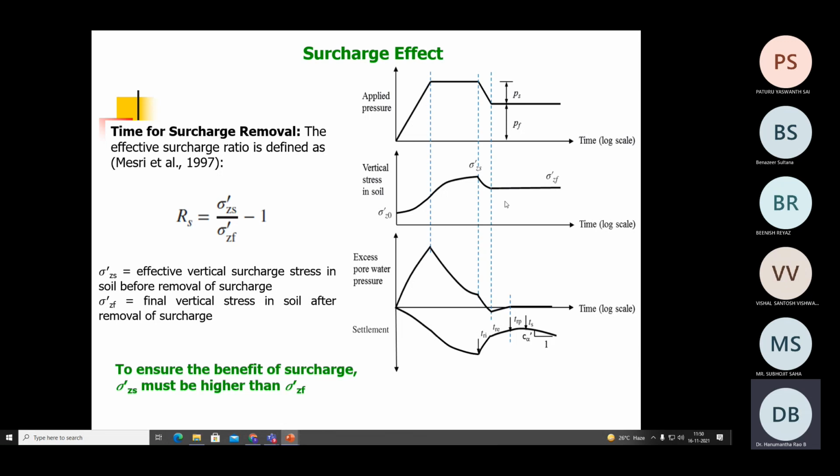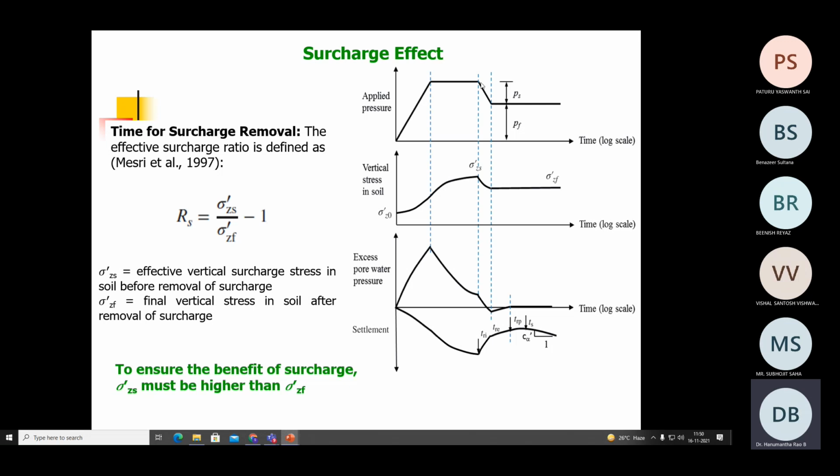There is another way of measuring the same thing, in the form of excess pore water pressure. At the maximum surcharge imposition, there was a maximum development of excess pore water pressure. The moment you stop imposing the surcharge load and maintain it, the excess pore water pressure keeps decreasing. That indicates the dissipation.